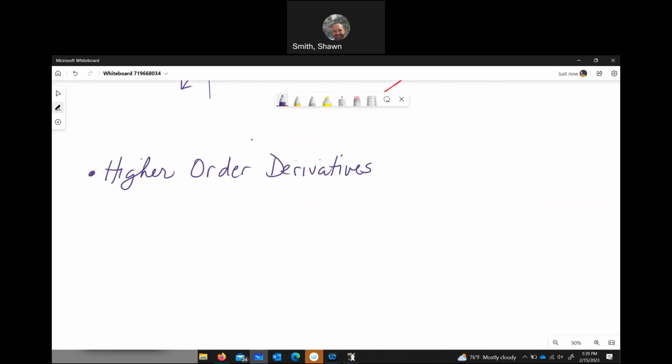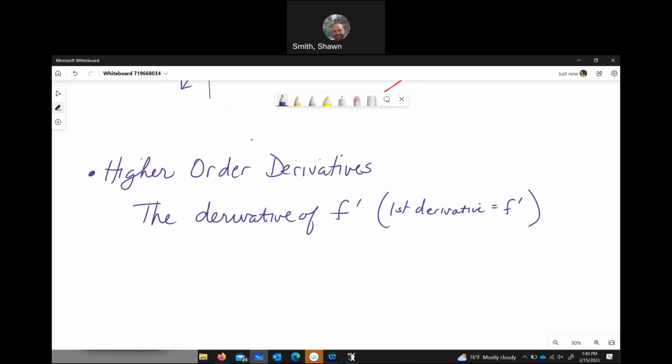So derivative of f prime, this is called the first derivative, f prime, right? Is f double prime, second derivative.